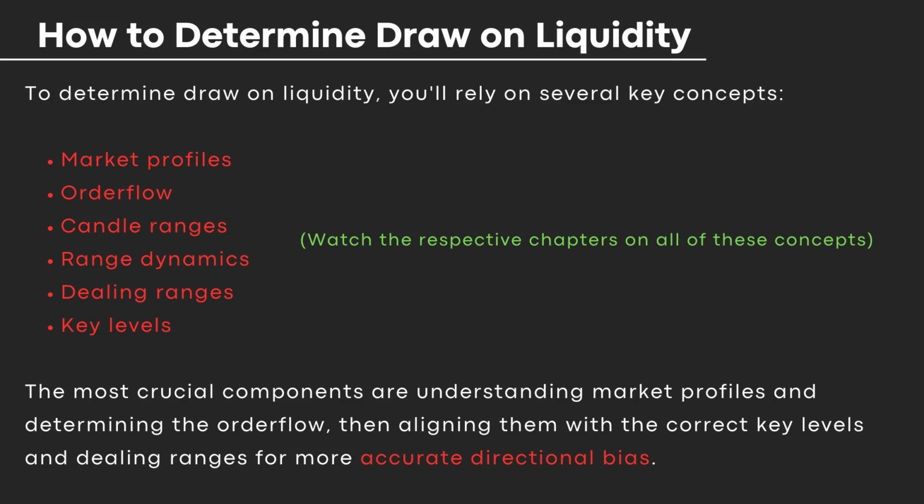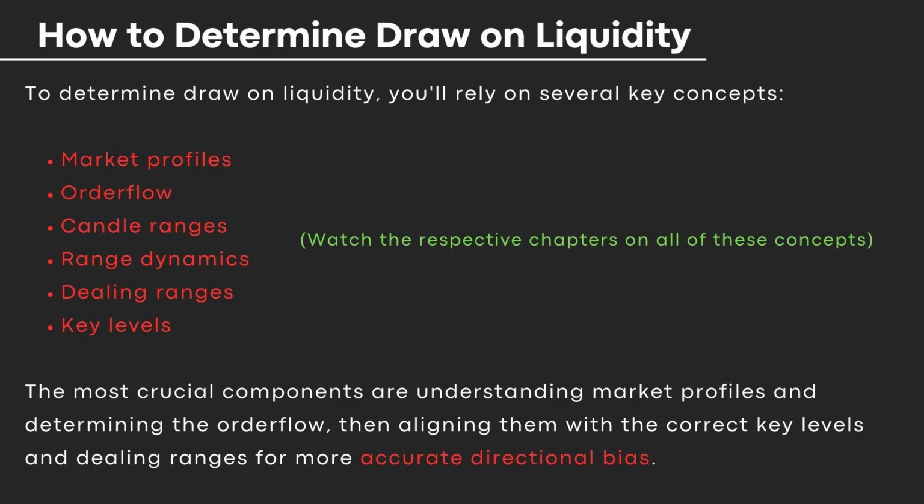Now, to determine your drawn liquidity, you would rely on and use the following concepts, right? First of all, use market profiles to assist us in knowing what sort of market profile we are dealing with, and second, we will use institutional order flow to determine what sort of market structure we are dealing with, right? Is it a bullish order flow or a bearish one?